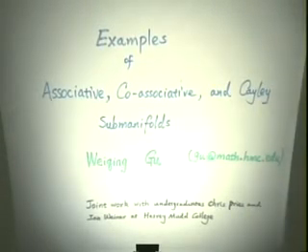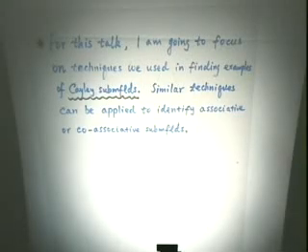Today I'm going to talk about examples of associative, co-associative, and Cayley submanifolds. In this talk, I'm going to focus on the techniques we used in finding examples of Cayley submanifolds, because similar techniques can be applied to identify associative and co-associative submanifolds.